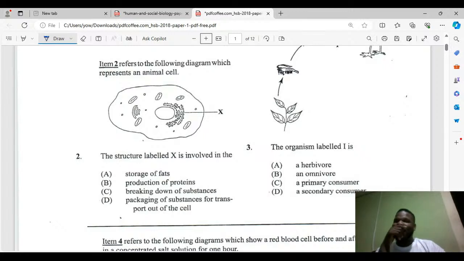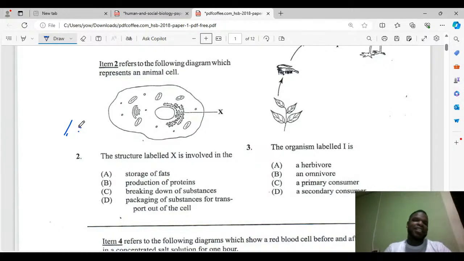So, you have smooth endoplasmic reticulum and rough endoplasmic reticulum, right? Rough endoplasmic reticulum produces protein, because what makes it rough is the ribosomes. This is the endoplasmic reticulum, and the ribosomes are the little dotted things attached to it.